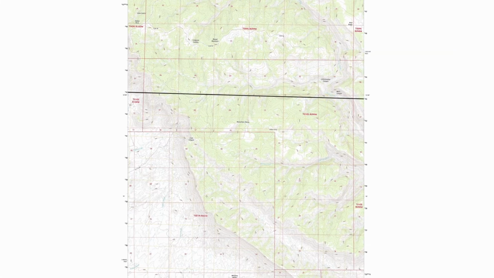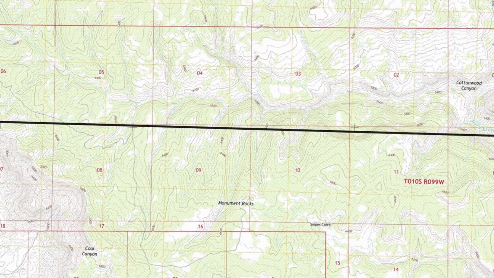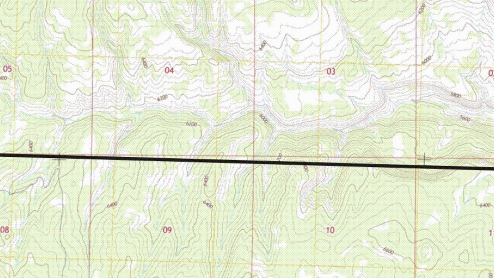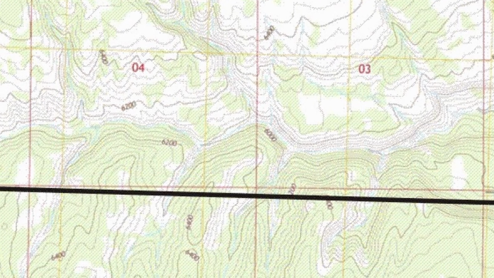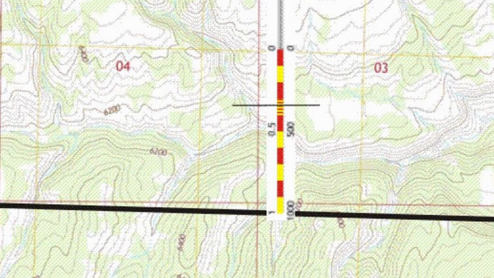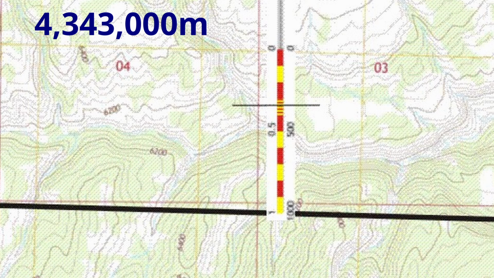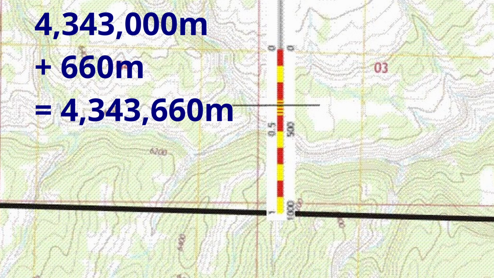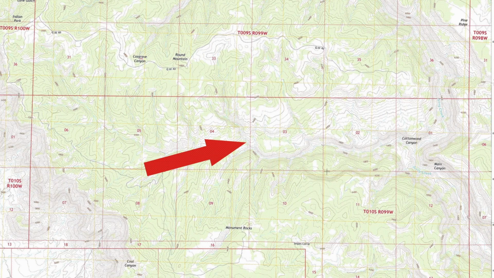I also need to do the same thing with the northing, which is at 4343. The campsite is 660 meters above the northing, and 4343 plus 660, the northing for the campsite is 4343660.